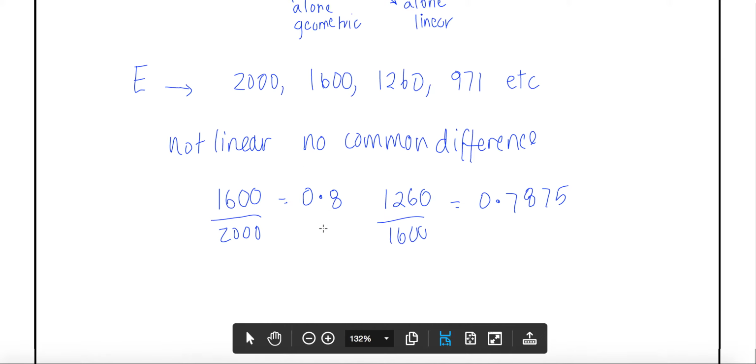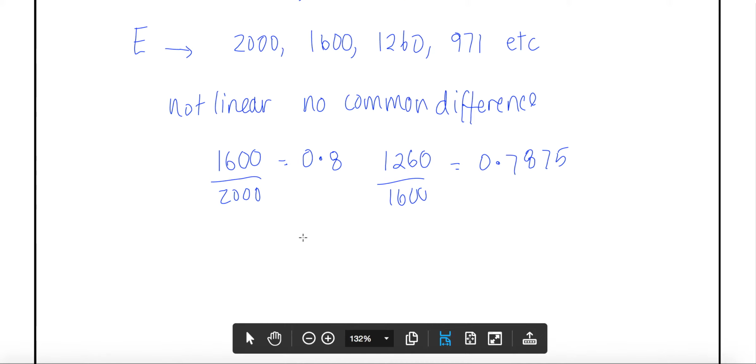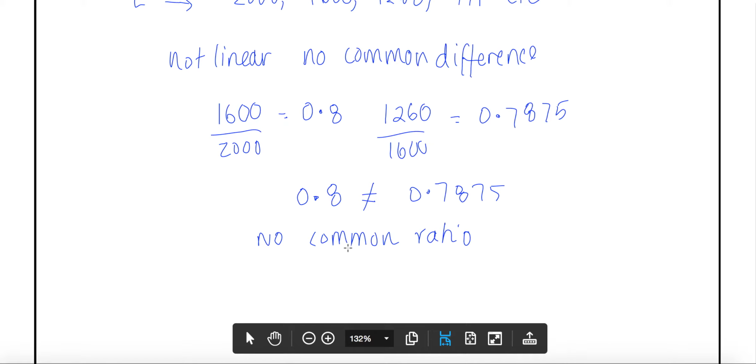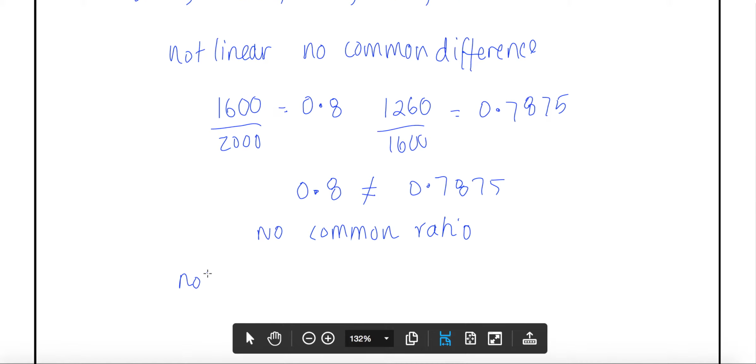Since these two aren't the same, 0.8 is clearly not the same as 0.7875. We say there is no common ratio, and so we say it's not geometric either.